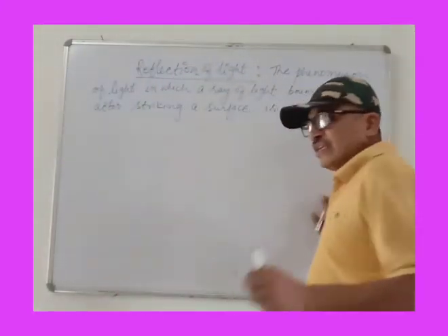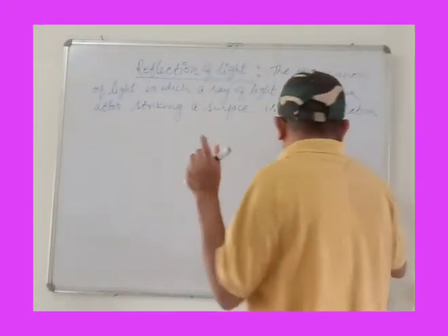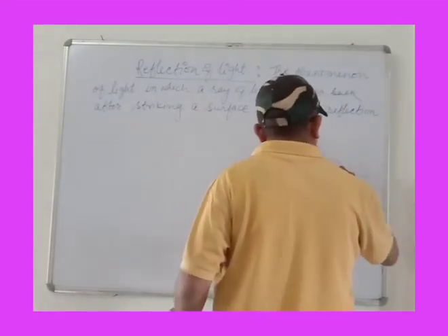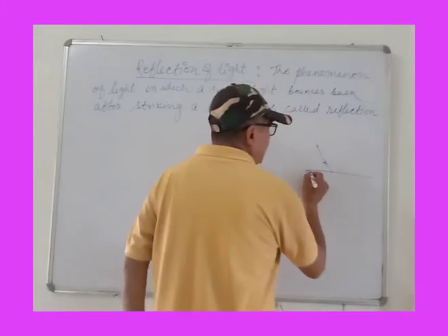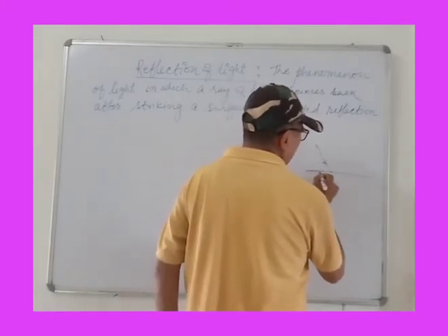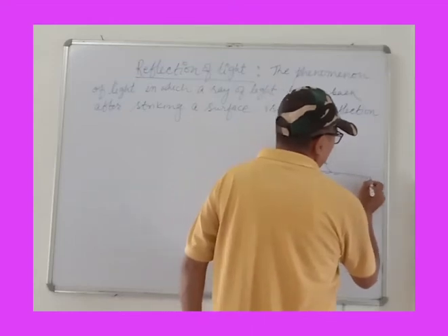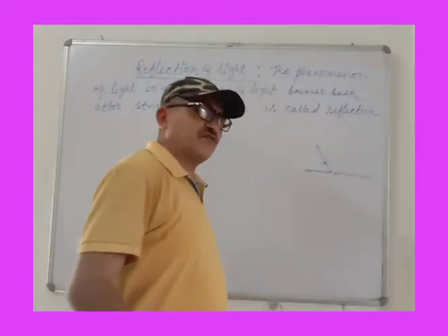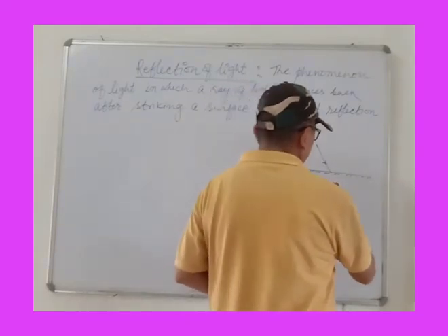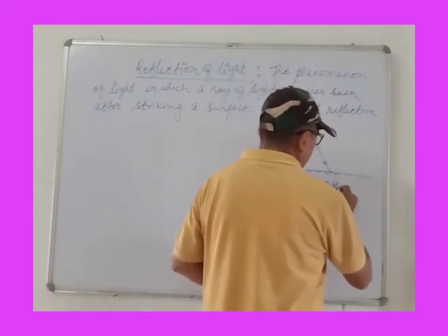Let me make you one thing clear, that when light falls on any surface, any kind of surface, whether plane mirror or curved mirror or opaque surface, whatever, any surface, it has three phenomena. Number one, reflection.